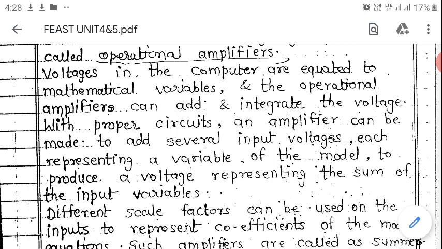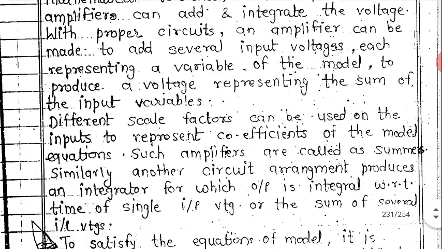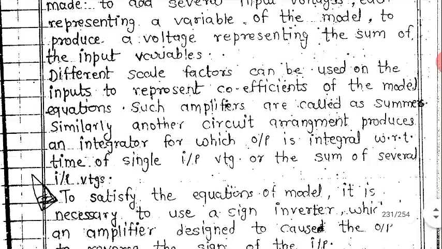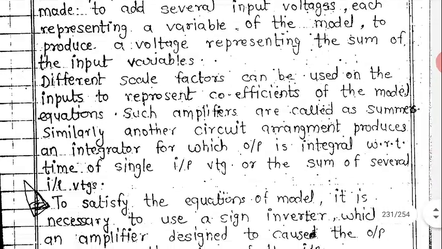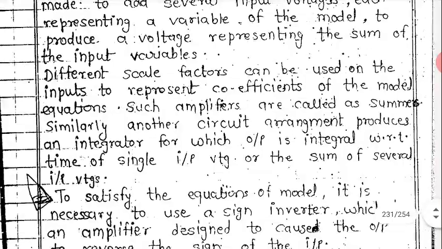So the operational amplifier is adding and integrating the voltages which are in the form of input, and each one is representing a variable of the model, to produce the voltage representing the sum of the input variables. Different scale factors can be used for these inputs to represent the coefficients of the model.